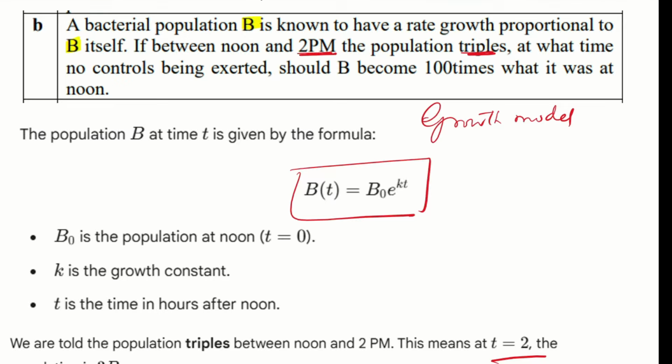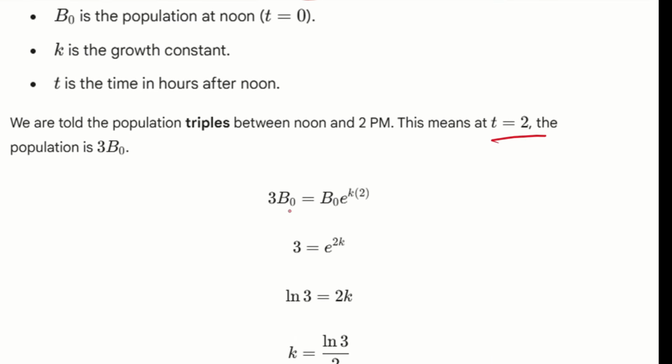So let's put in the formula: 3 B naught equals B naught e raised to 2k, where t equals 2 is the time at 2 p.m. Now B naught cancels, we have 3 equals e raised to 2k. Now apply natural logarithm on both sides: ln 3 equals 2k ln e.